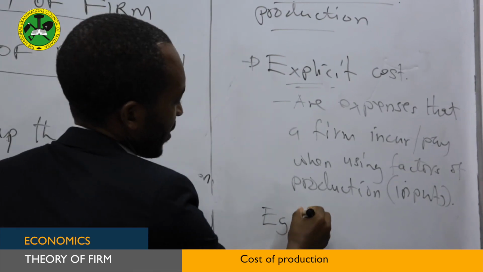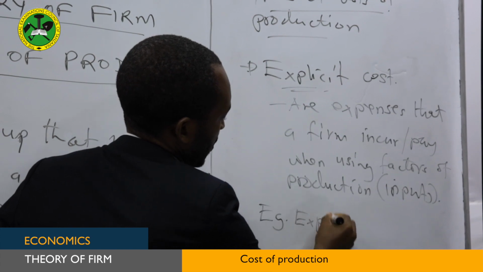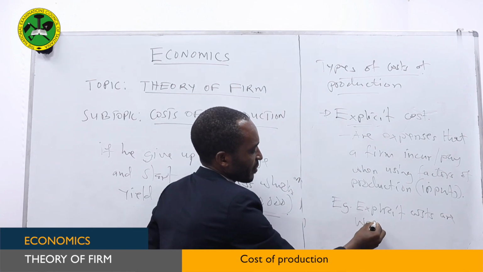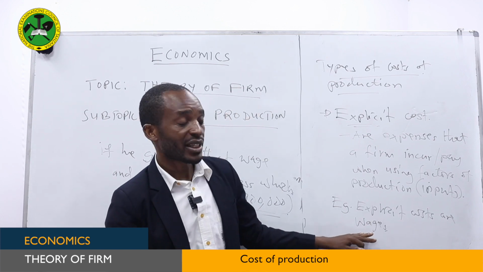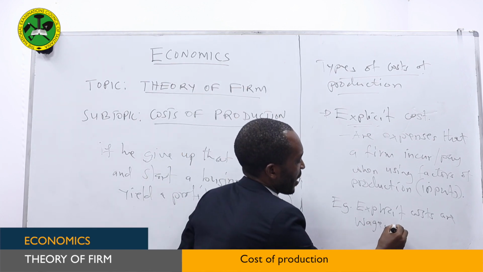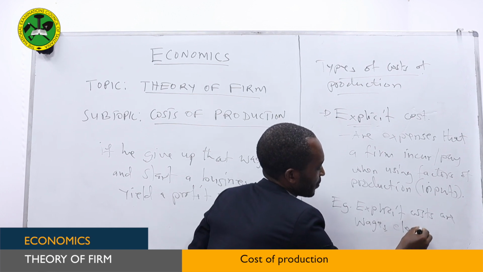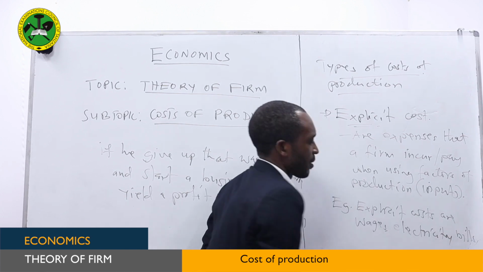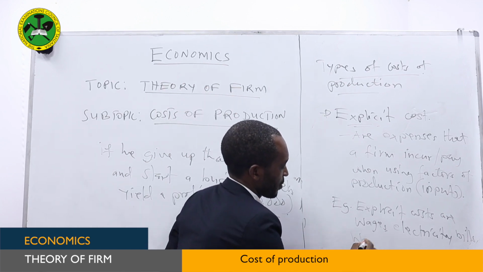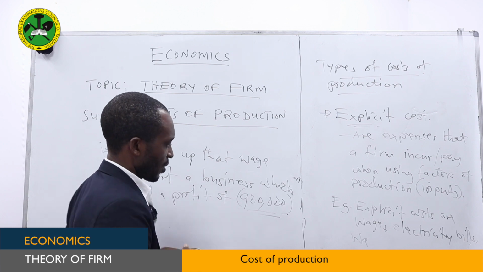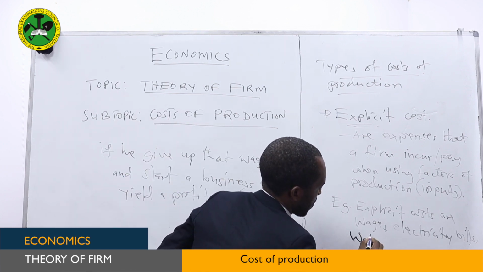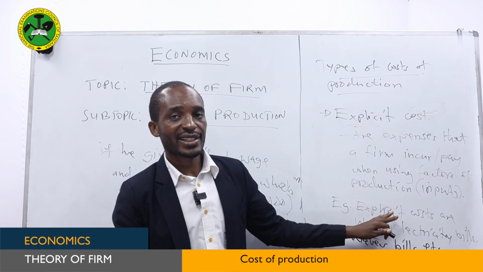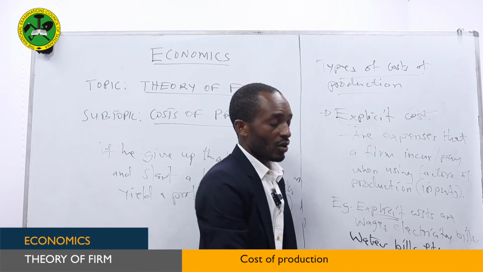So examples of explicit cost are wages that workers are being paid, then electric bills, then water bills, etc. So these are examples of explicit costs.